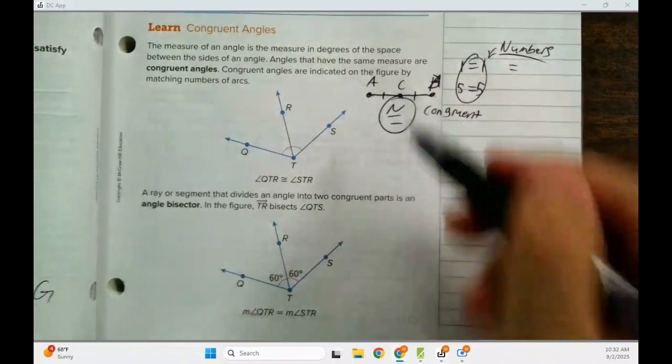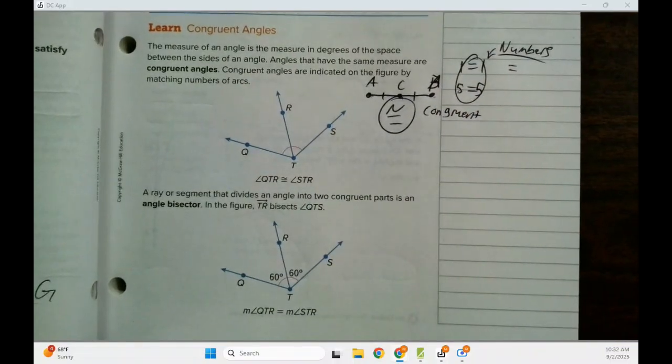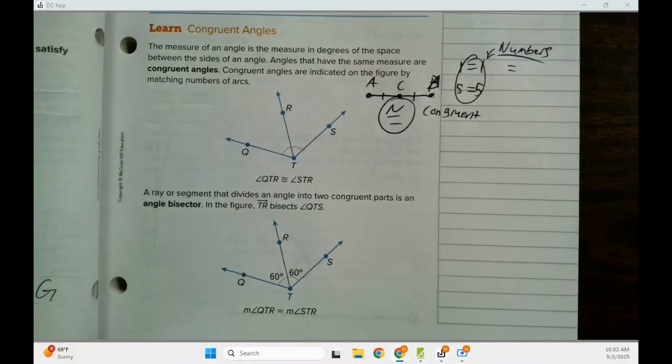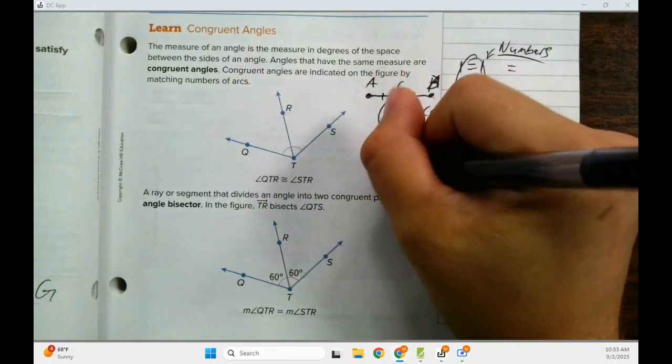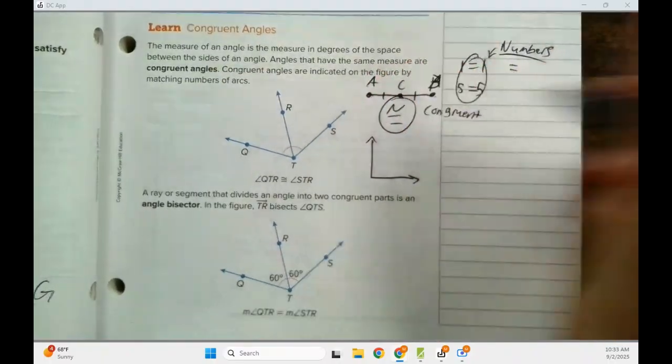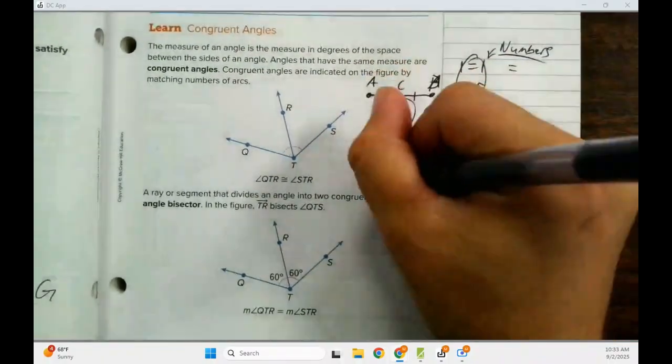This whole bisecting thing we talked about with the midpoint extends to angle measurement as well. Whenever we're measuring an angle, right, trying to figure out how many degrees that angle is, what we're looking at might be something like this. We got our two sides of our angle.